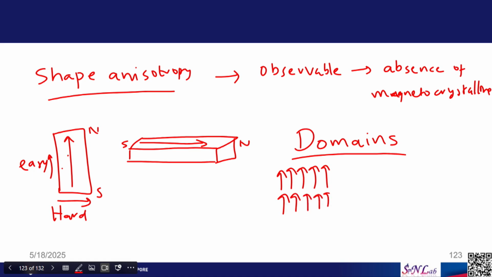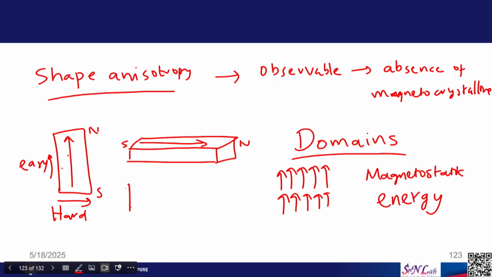That will mean that the magnetostatic energy will be larger. Okay, so, if magnetostatic energy gets very large, then the system will form domains.